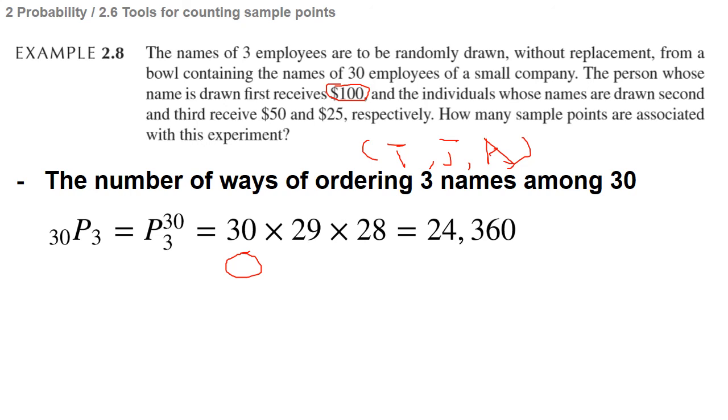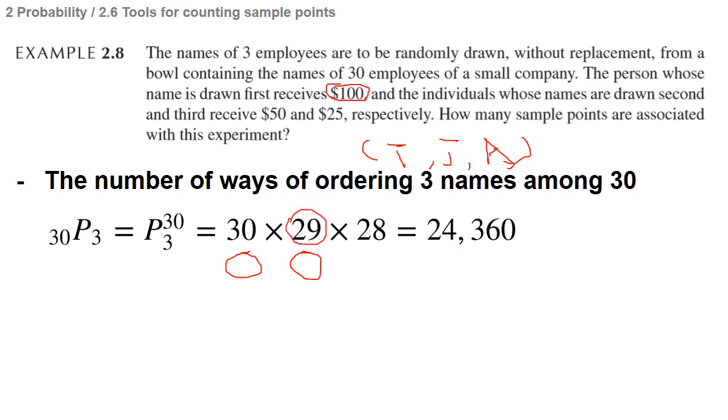And what about the second position? Since you already picked Tom for the first person, you cannot pick Tom again. So 29 names are left for your choice. So the second number is 29.